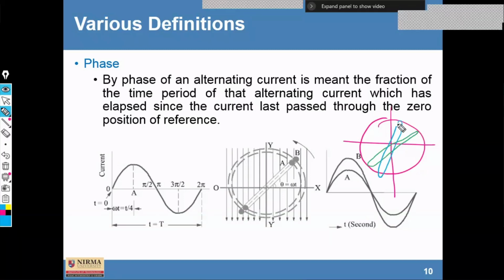There are two coils, coil B and coil A here. So angle is different here and angle is different here. Okay. What about the magnitude here? The magnitude will be same. Maximum value will be same in this case.